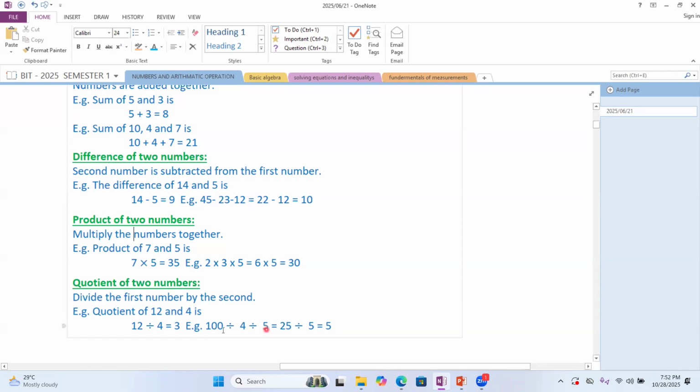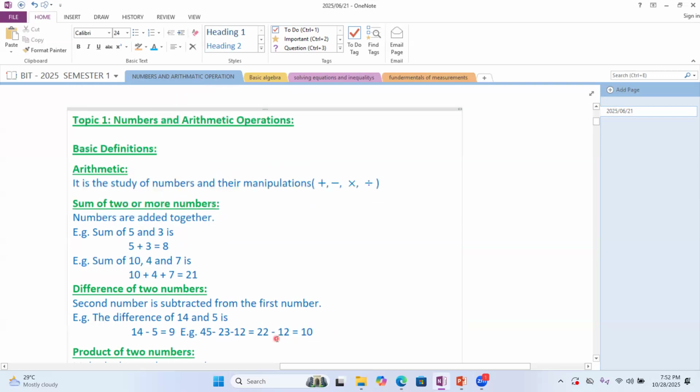We do the process from left to right. 100 divided by 4 gives 25. Again divided by 5, then we get the result 5. Those are the basic definitions of the mathematical operations: addition, subtraction, multiplication, and division.